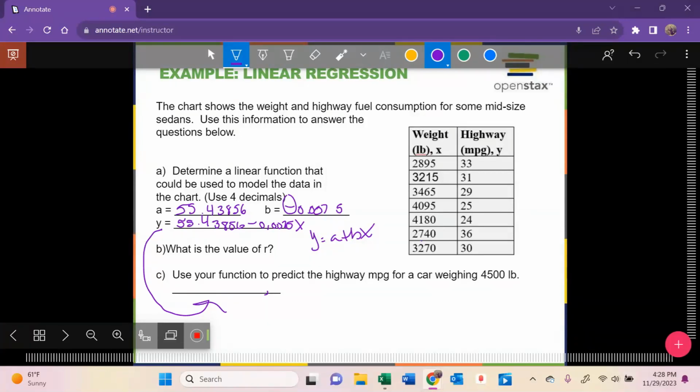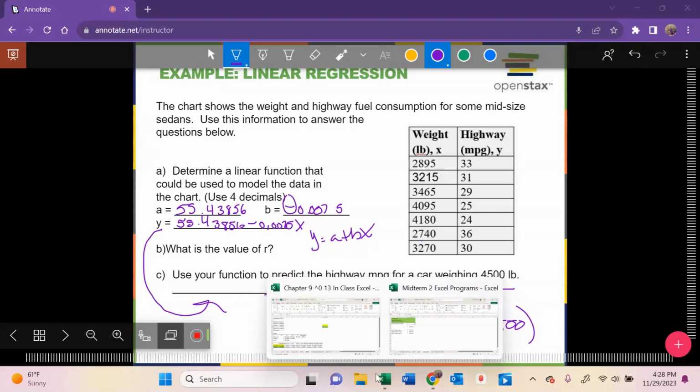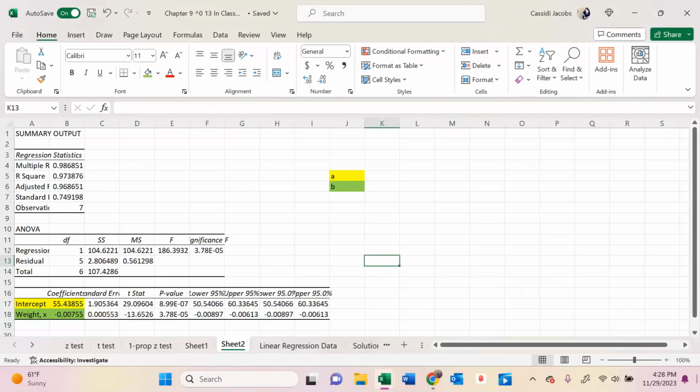Our model tells us, use your function to predict the highway mileage of a car weighing 4,500 pounds. So that's going to be our X in this formula. So we're going to do 55.43856 minus 0.0075 times this X of 4,500. Now you can do it in a calculator, you can do it by hand, or you can do it in Excel. In Excel, I would just type it here.